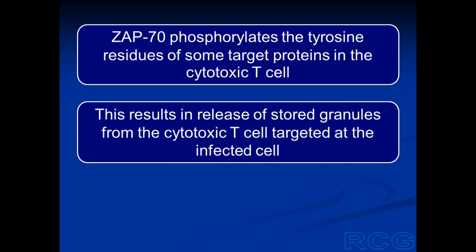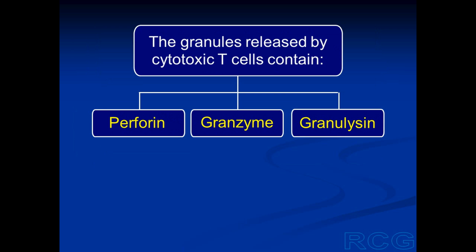And this phosphorylation results in the release of some granules which are stored inside the cytotoxic T cell. So these stored granules are now released from the cytotoxic T cell, and they are targeted at the infected cell. So these granules will act on the infected cell.